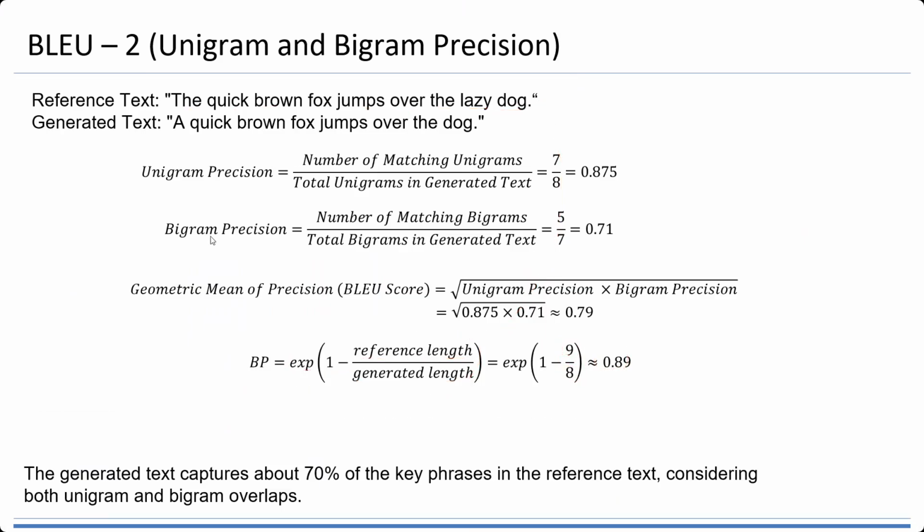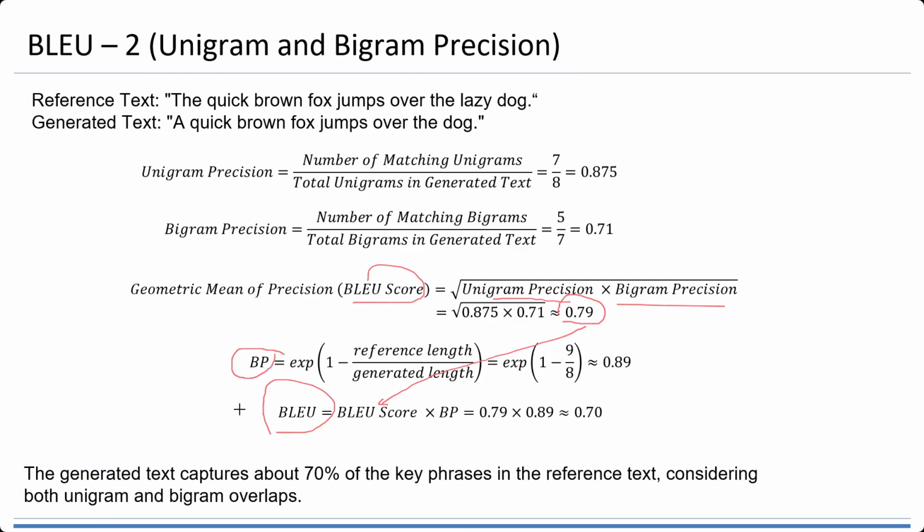And when we do this, we can calculate the BLEU score. The total BLEU score comes from 0.79 from the unigram precision and the bigram precision, and we include the penalty.